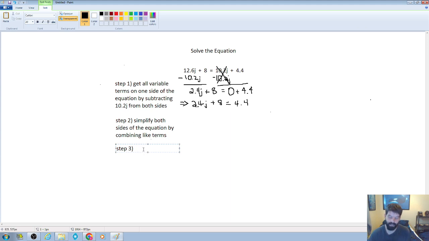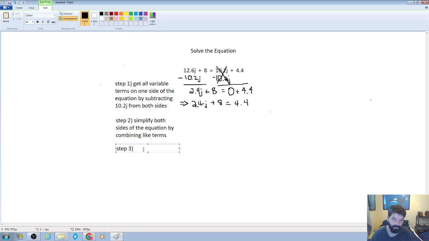Now, all of that is completely accurate and correct. However, it can get a little messy very quickly, because when you divide both sides by 2.4, you have to divide all the terms by that. So you get 2.4j divided by 2.4 plus 8 divided by 2.4 is equal to 4.4 divided by 2.4.